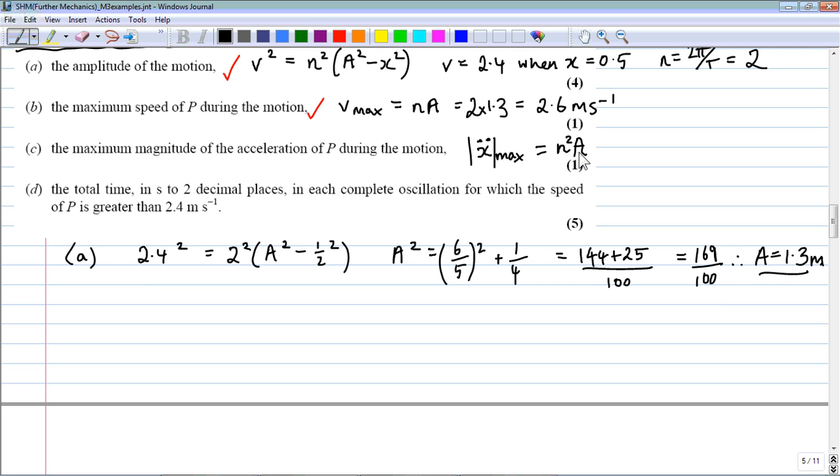So maximum x, which is A, gives maximum acceleration, which is 4 times 1.3. So that's 5.2 meters per second squared.